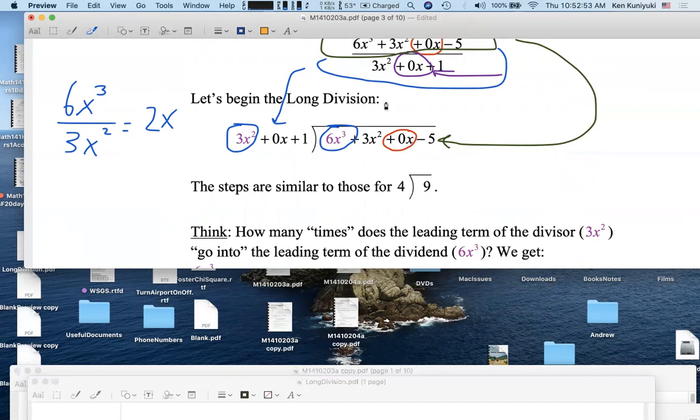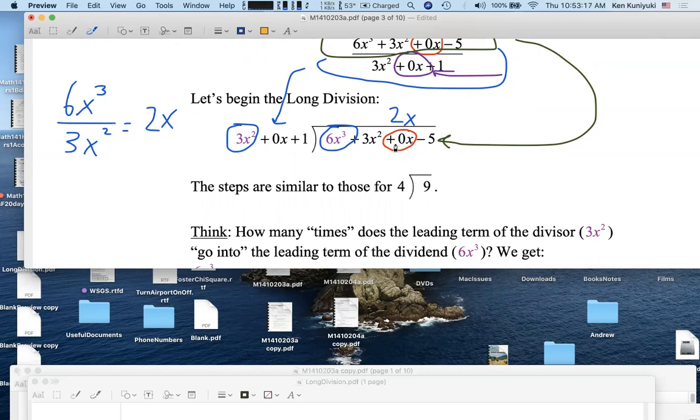So I'm going to put the 2x in the x term column. And that's one of the reasons why it's helpful to put in the missing term, the plus 0x, because it reminds you that something's there. At the very least, if you don't put in the plus 0x, at least leave a blank space in there. Don't put the -5 here. Leave a blank space in there so that you have an x term column.